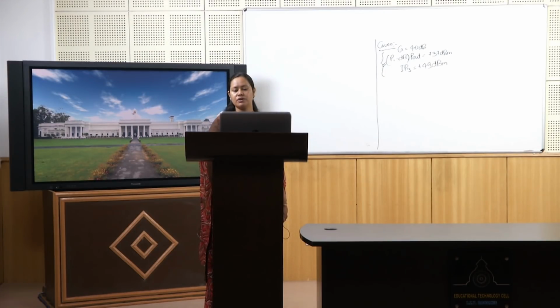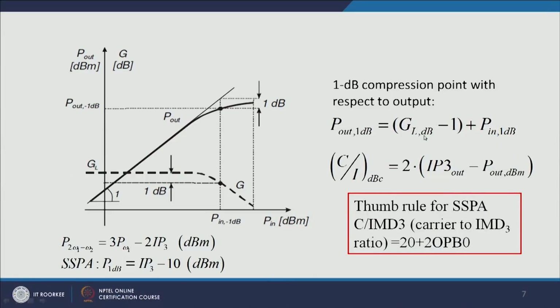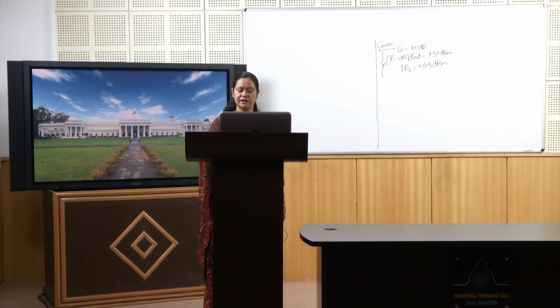Because we are not talking about any particular P out, but the maximum P out, first of all we will calculate the maximum P out, and then we can either use this formula or we can also use the thumb rule for the SSPA, C by IMD, which is 20 plus 2 times output power back off. So, these are the formulas we will be basically dealing with.